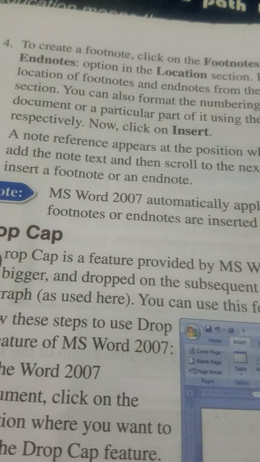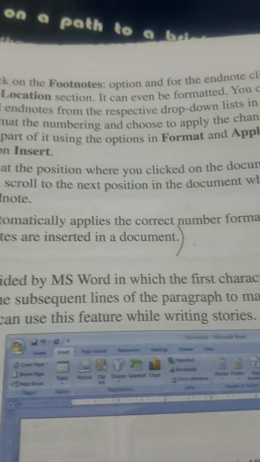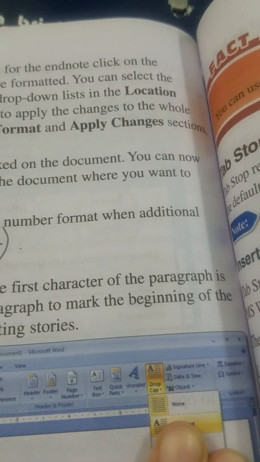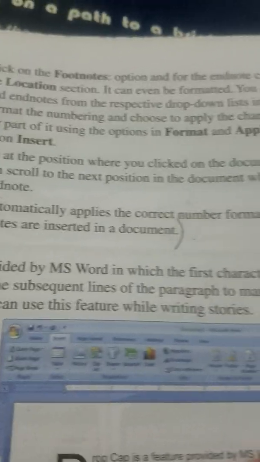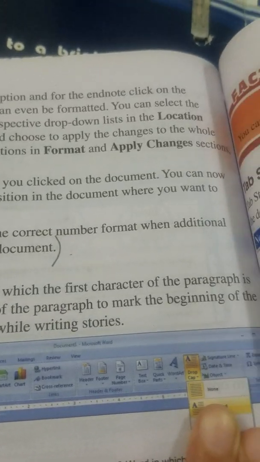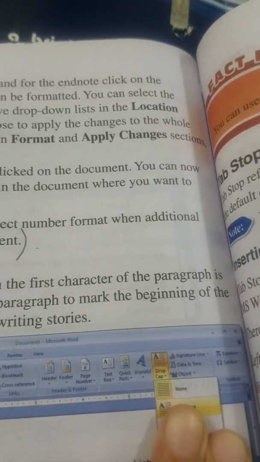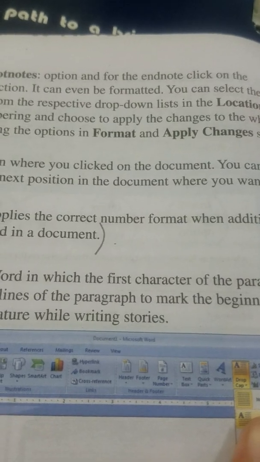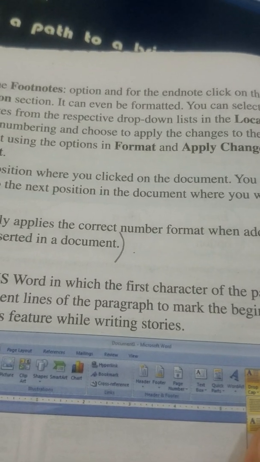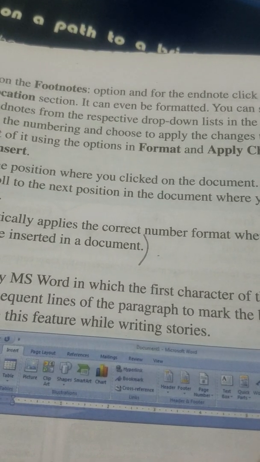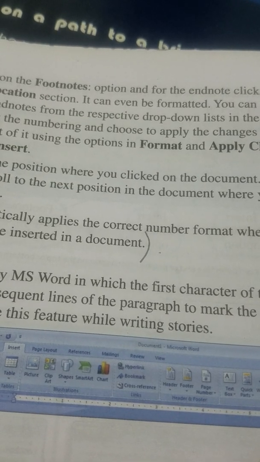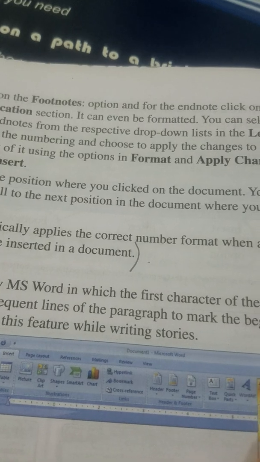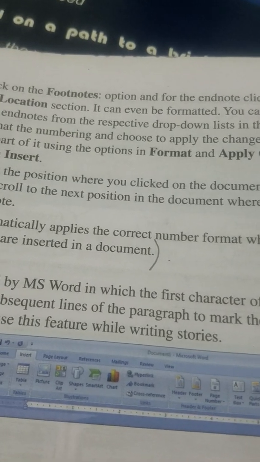A note reference appears at the position where you clicked on the document. You can now add the note text and then scroll to the next position in the document where you want to insert a footnote or an endnote. To apply where you want your footnote or endnote, you have to click there so that a note reference appears at that position.